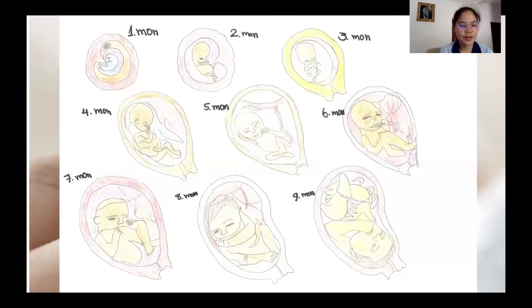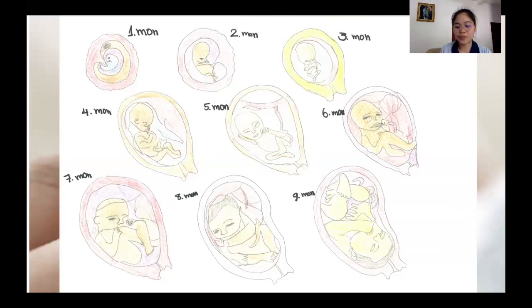In month number 7, the baby will continue to grow and develop a reserve of body fat. The baby's hearing is fully developed. He or she will change position frequently, and they will respond to stimuli like touch, sound, pain, and light.